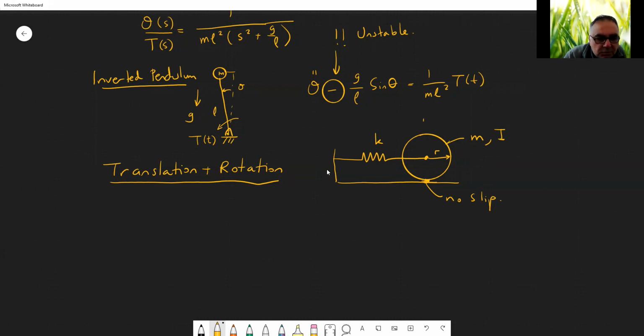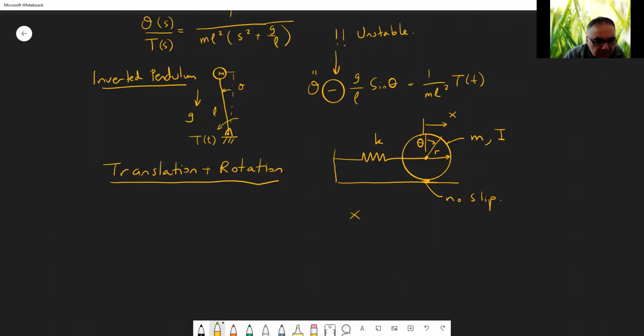And the coordinate we describe this is x, but there is also the rotational coordinate, theta. Well, I couldn't draw it very well. This is theta. No slip basically means that there is a kinematic relationship between x and theta.